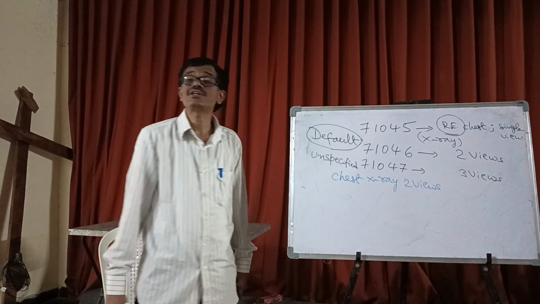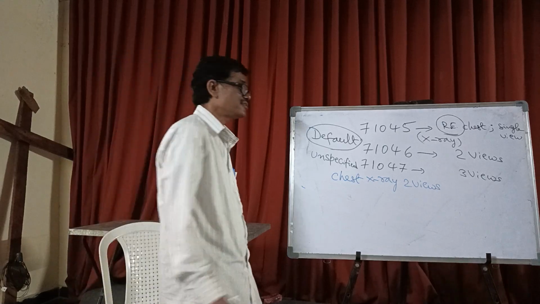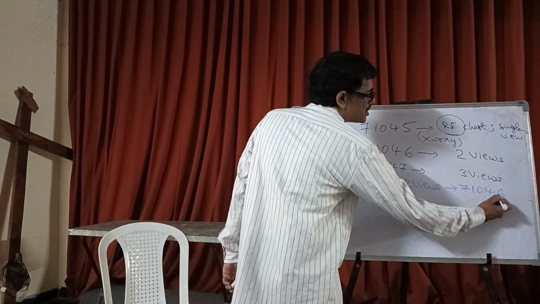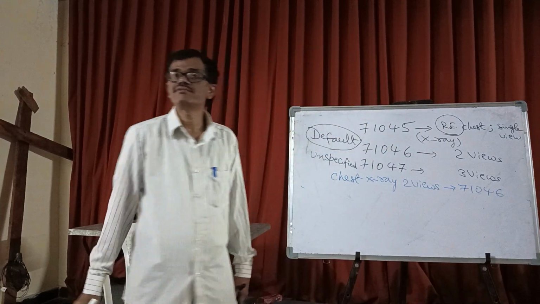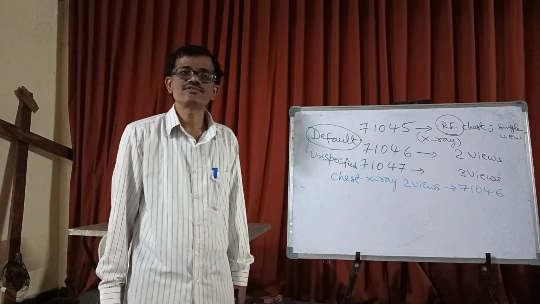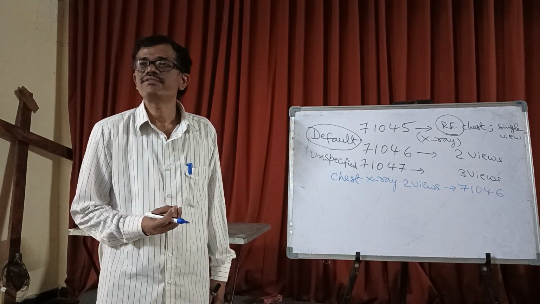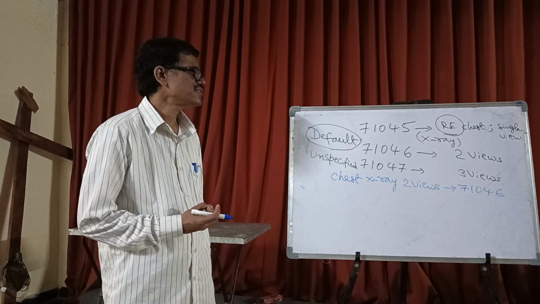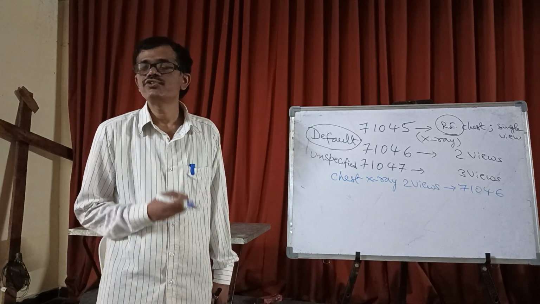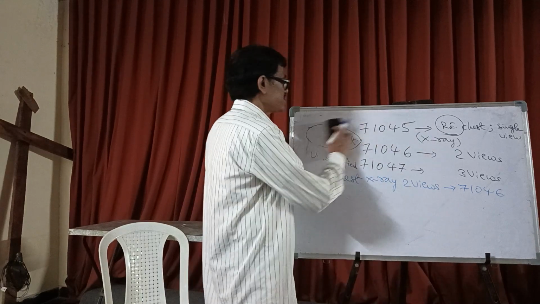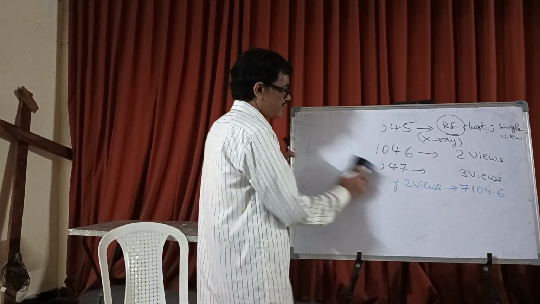Suppose they said chest X-ray 2 views, and you have to give an answer. What is the number you have to select? 71045 or 46 or 47? 46. Very simply, can you answer this question? Chest X-ray 2 views, what is the answer? 71045 or 46 or 47? Which one? 46 you should give. But they will also ask some differently. For example, how will the question be asked, let us see.